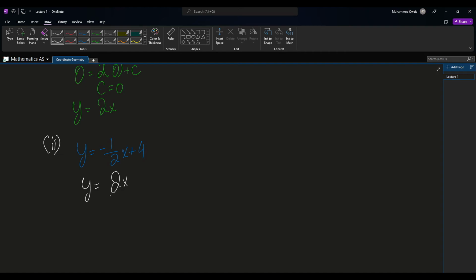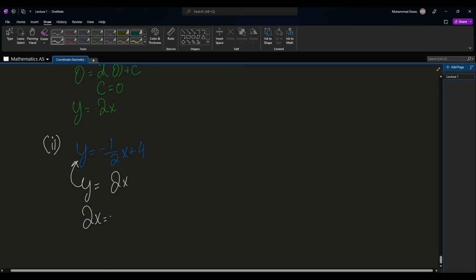How do we solve this simultaneously? Basically, we replace this y with 2x. We substitute one equation into another. Here y is independent, so we substitute y into the other equation. So in place of y, I can write 2x. 2x equals minus half x plus 4.